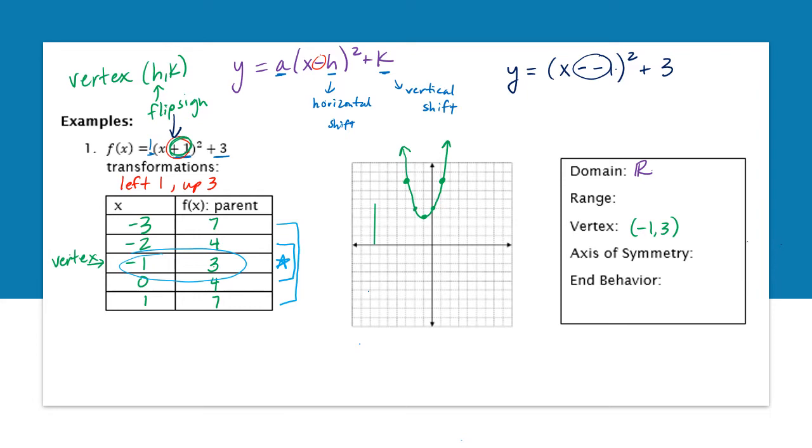For the range, because my parabola is facing up, my y values will go up forever and ever. But they don't go down forever and ever. There's actually a lowest point, which is right here at this vertex. So because it doesn't go forever and ever, I have to use an inequality. And because we're talking about range, I'm going to use y as my variable.